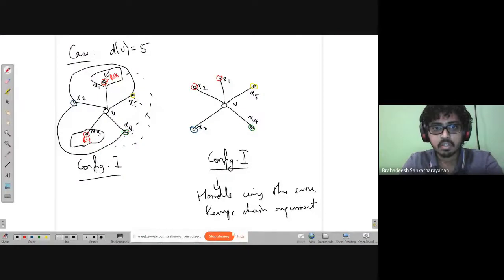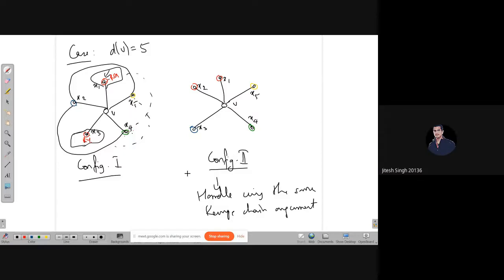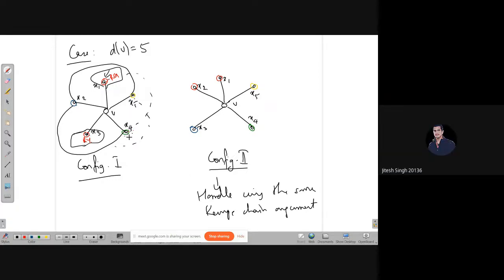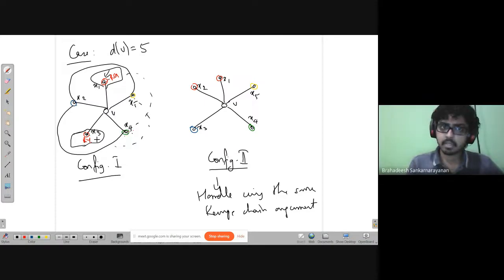Which configuration? Can we connect X3 and X4? Yes, it's possible. I'm not saying pick a red-green chain between X3 and X4.